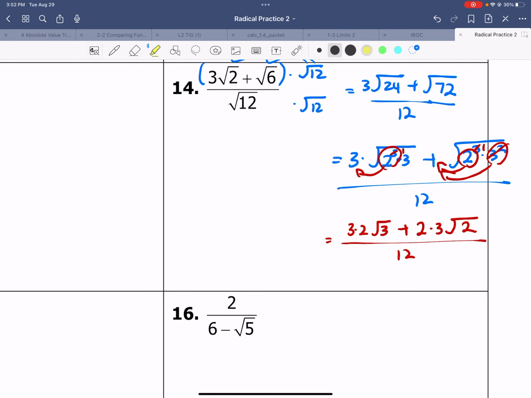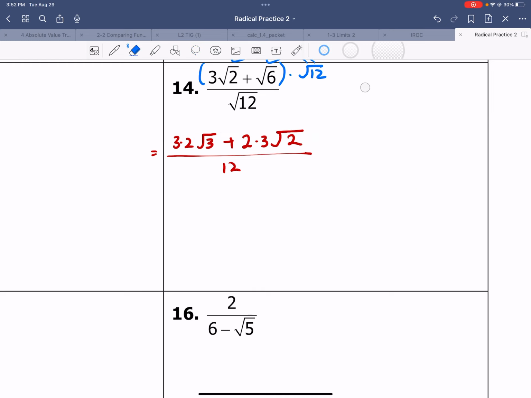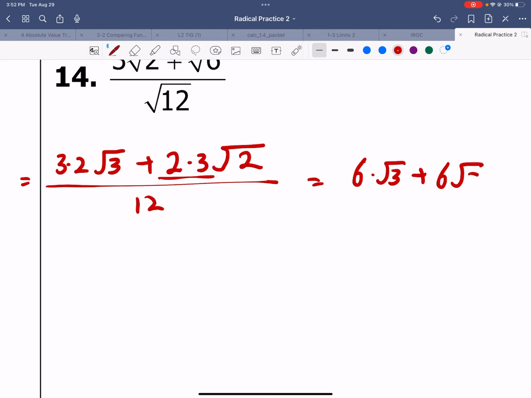Since I have something nice, I will just write this one down here. I'm going to move this one right here, and I will just erase this one, because if you think, wait, go back and pause the video. So here, 3 times 2, that's going to be 6, square root of 3, plus 3 times 2 is another 6 with a square root of 2, over 12.